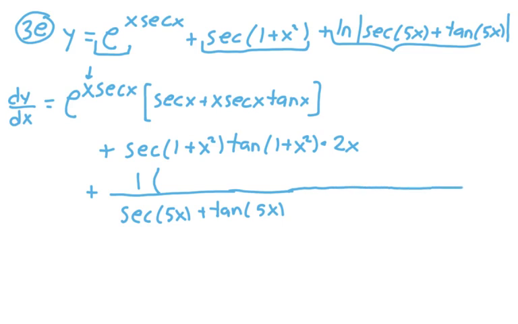And so I'm going to get secant of 5x tangent of 5x times 5 plus the derivative of tangent of 5x, which is secant squared of 5x times 5. Now, this third term can be simplified a bit, and we'll do that on the next page.